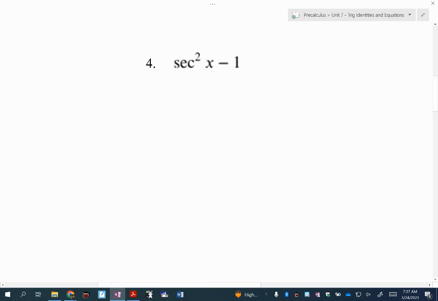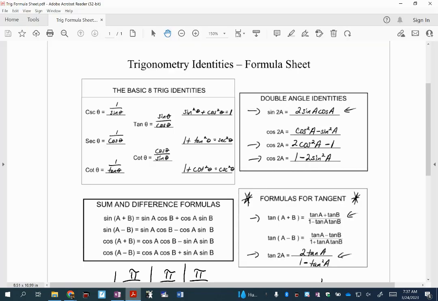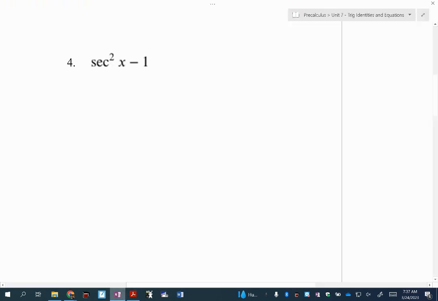Now, number 4, there will be some manipulation of one of the identities. I see secant squared and I see 1. If you go to the middle or the second one of the Pythagorean identities, it's 1 plus tangent squared x equals secant squared x. All right, so I'm going to manipulate this with algebra to make it look like my number 4.